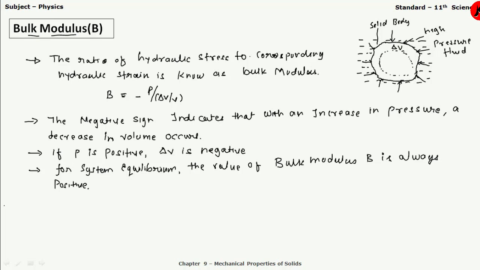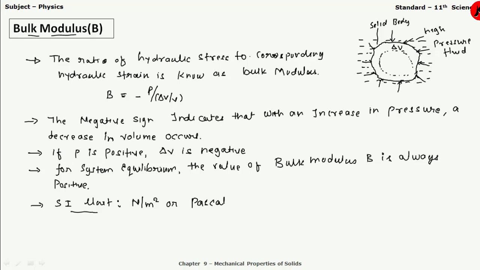That's why delta V is negative. But for system equilibrium, the value of bulk modulus B is always positive, right? Now what about the SI unit? So the SI unit for Young modulus, shear modulus as well as bulk modulus is the same, which is Newton per meter square, or you can say Pascal, right? So this is the basic concept of bulk modulus.